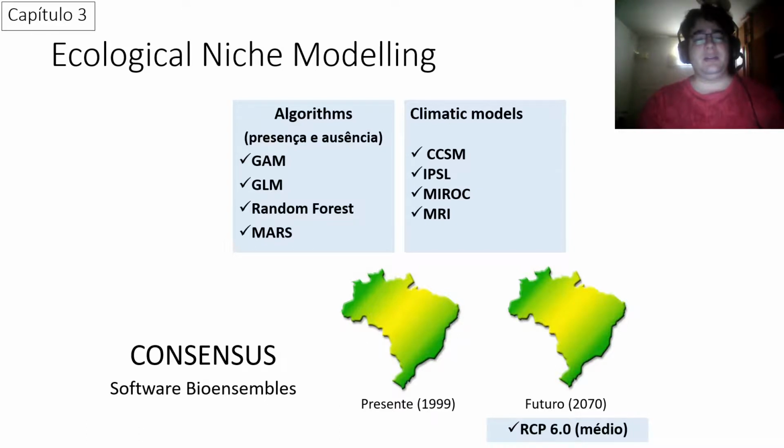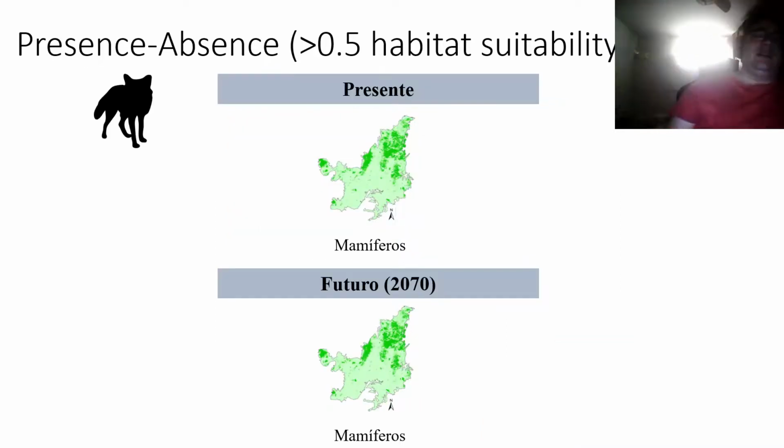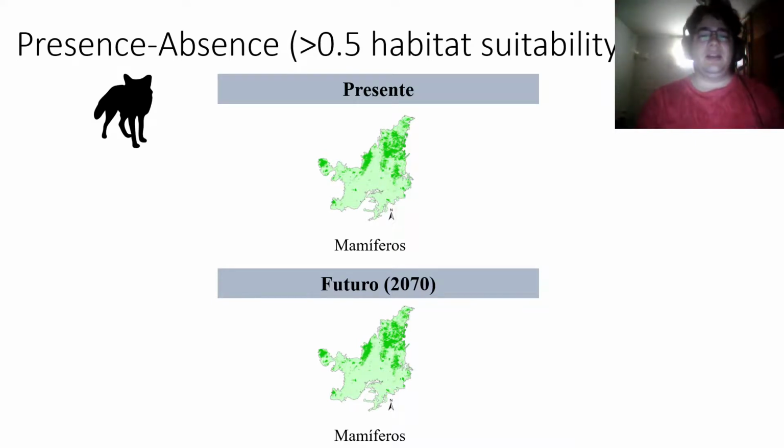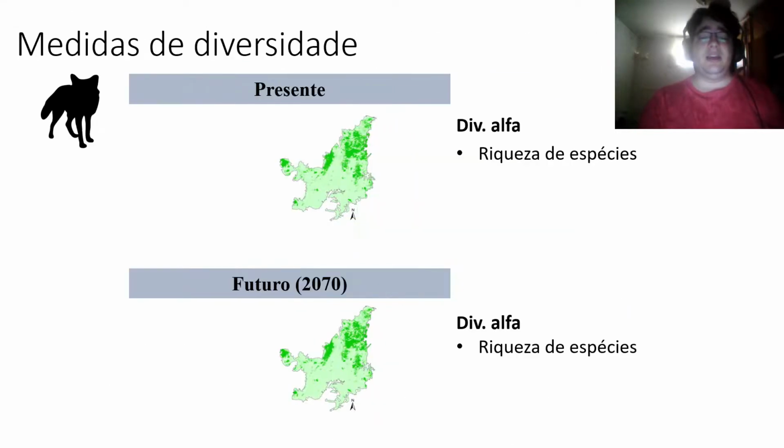To do the ecological niche modeling, we use the algorithms GAM, GLM, random forest, and MARS, and we use the following climatic models, and we made an ensemble for the future and for the present, and we used these ensembles to calculate a presence-absence matrix or raster, putting an occurrence if the habitat suitability was higher than 0.5.